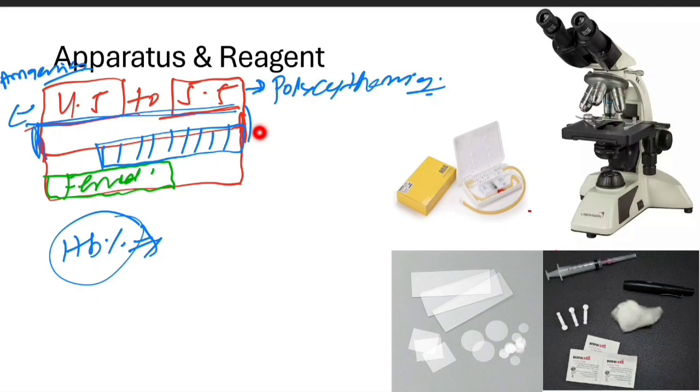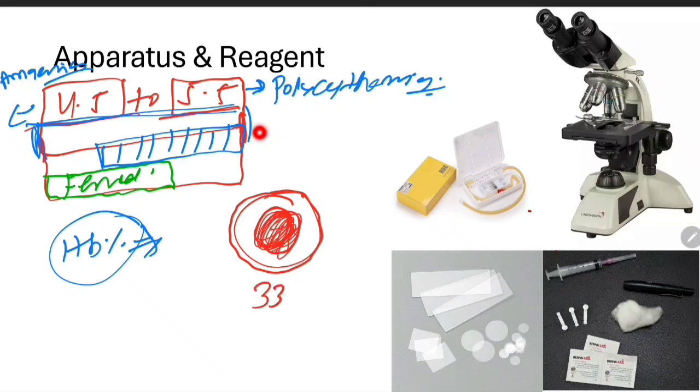Why? Because hemoglobin is always inside the RBC, and how much? Suppose this is the RBC, one cell, and inside this cell we have hemoglobin. How much hemoglobin can one cell carry at maximum? Around 33, suppose. So one third of the RBC can be filled maximally with hemoglobin, not more than that. You cannot fill more than 33 or 34% of an RBC with hemoglobin.